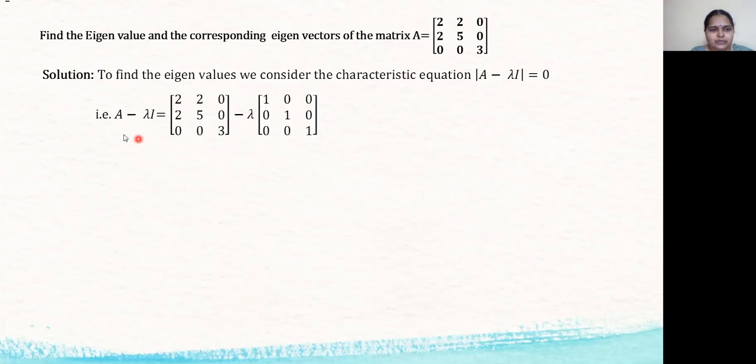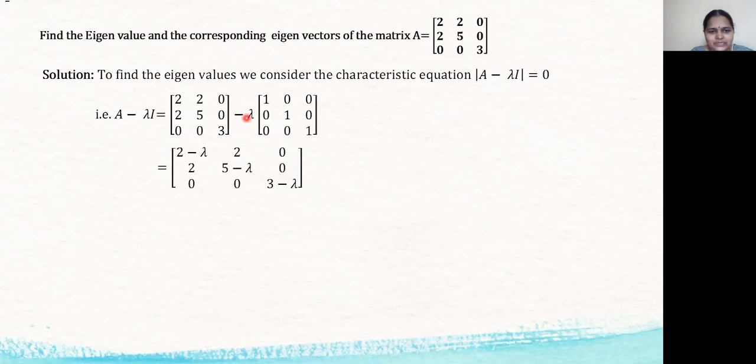So first, let us see what is A minus lambda I. A minus lambda I is the matrix A minus lambda into I, where I is the identity matrix of order 3. A is a 3 by 3 matrix, so we also take the identity matrix of order 3 by 3. And lambda into this identity matrix gives us lambda 0 0, 0 lambda 0, 0 0 lambda.